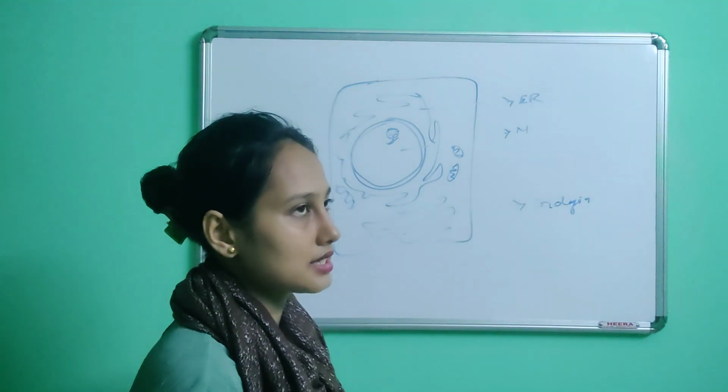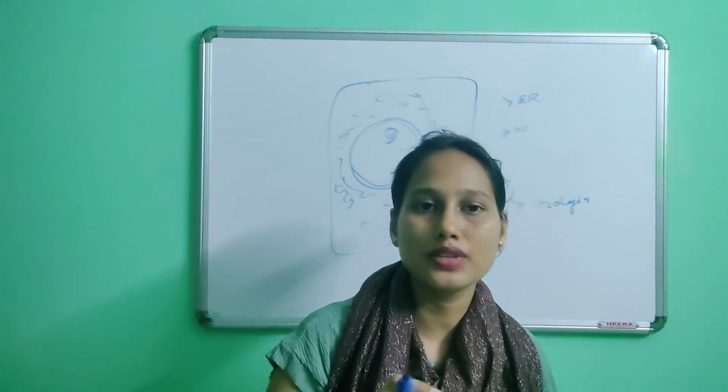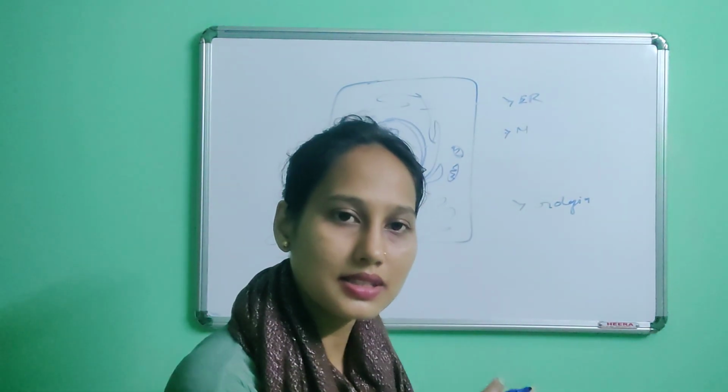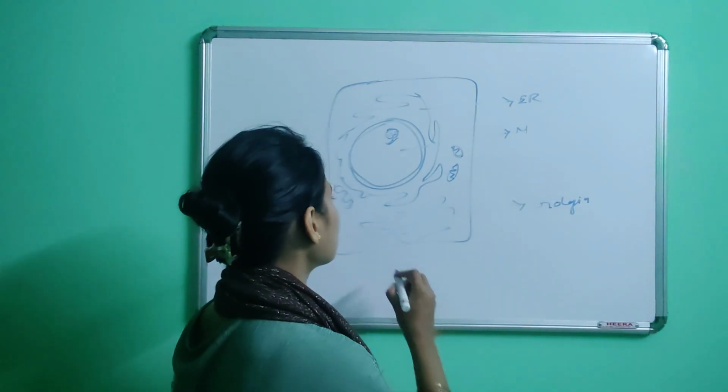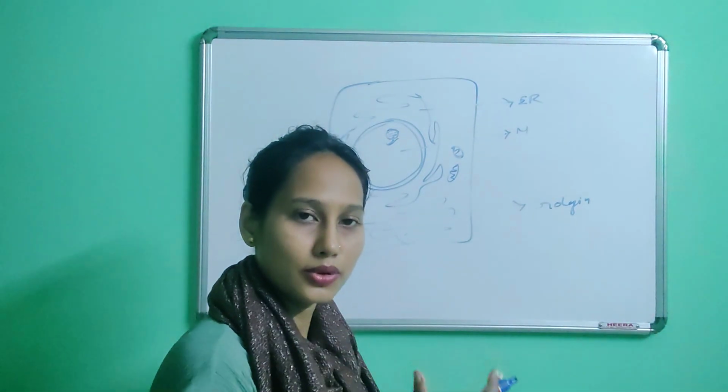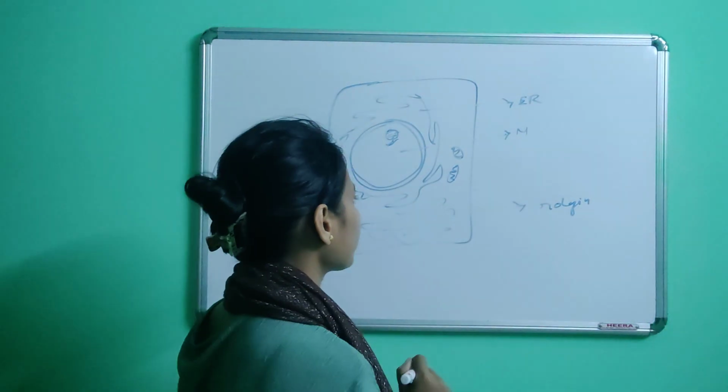A single plant cell can have 20 to 50 plastids.